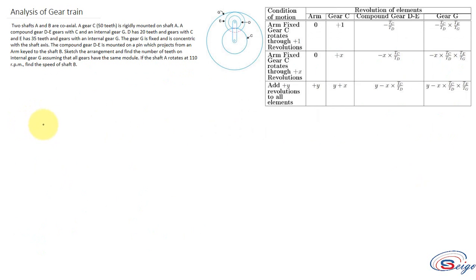Now we can solve the problem. The given conditions are that gear G is fixed and shaft A rotates at 110 rpm. Shaft A is connected with gear C, so the rpm is for gear C. Gear G is fixed means its rpm is 0.